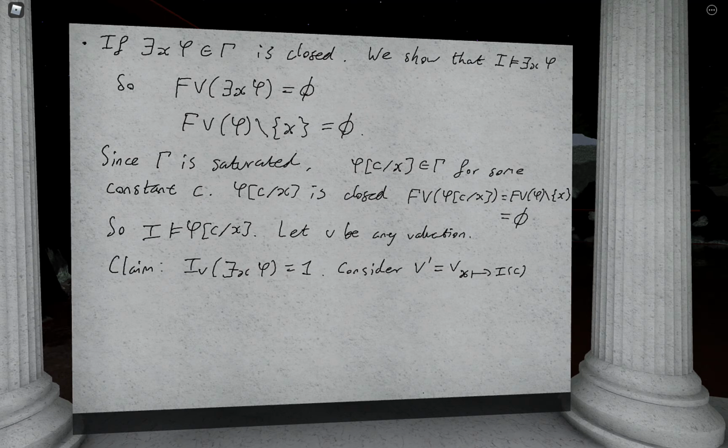Okay. Now I claim that I of V prime of phi is the same as I of V prime of phi with C for X. And this is a trick I've used many times where I have a valuation which sends a variable X to some object, and I just change the formula so that the variable gets substituted for a term which will get interpreted as that object.